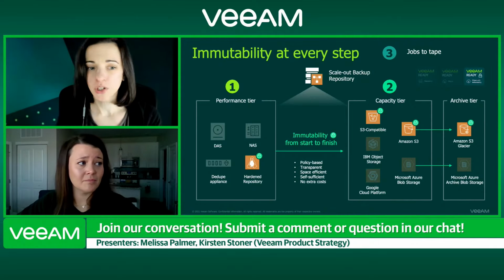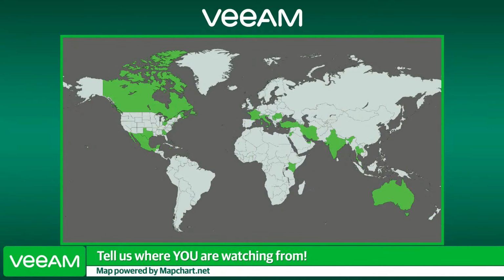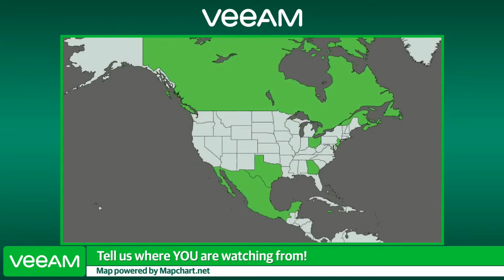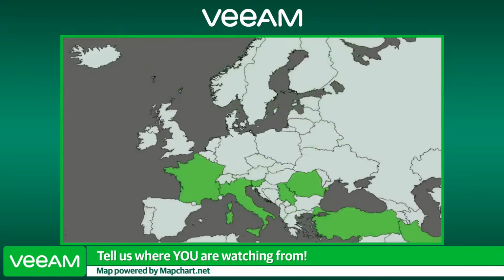But now we've had so much great interaction today that I want to head back to the map and give a couple of shout outs for everybody that's joined today. So in North America, we've got Canada, Ohio, Texas, Jamaica, Mexico. We've got New Jersey in there. We've got Georgia in there. We've got Ohio, of course. And if we go into Europe, we've got Slovenia, Romania, France, Serbia, Turkey, Italy.